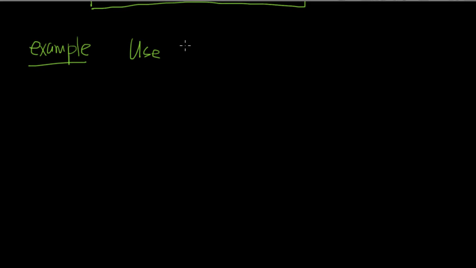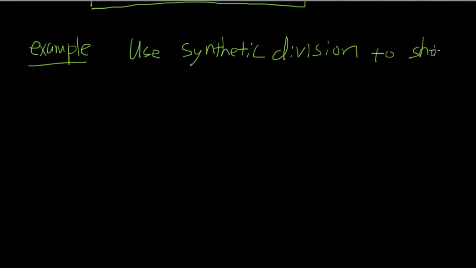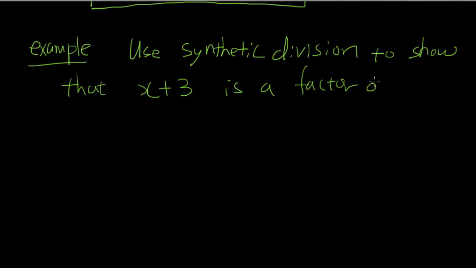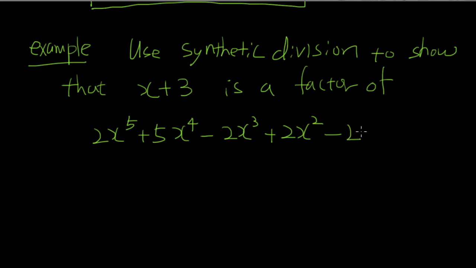Use synthetic division to show that x plus 3 is a factor of this polynomial, say 2x to the fifth plus 5x to the fourth minus 2x to the third plus 2x squared minus 2x plus 3.